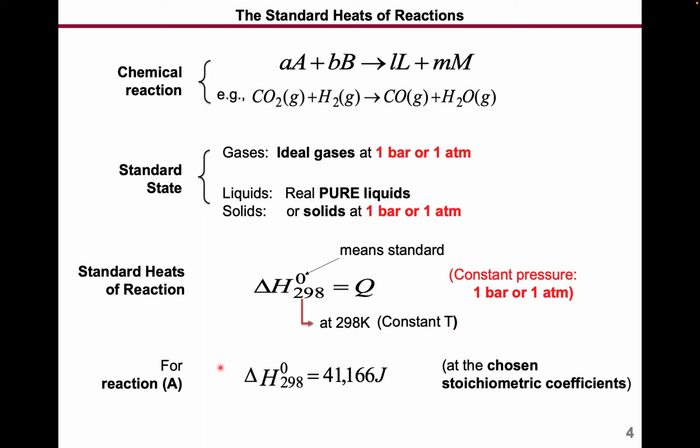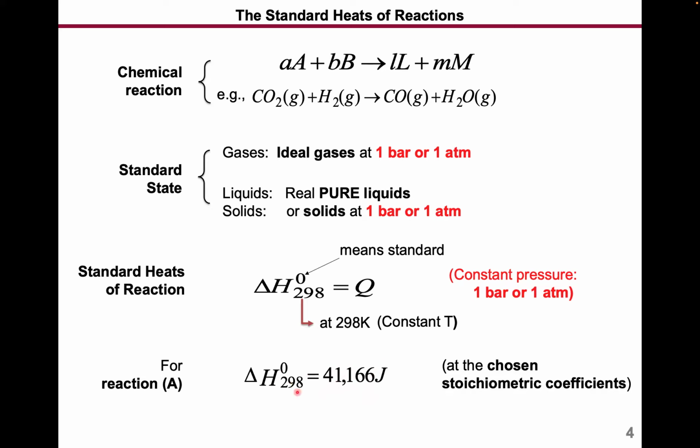But just for now, let's say for this particular reaction, the heat of reaction is positive, around 42 kilojoules. Okay, so it's an endothermic reaction because it's absorbing heat from the surroundings, right?